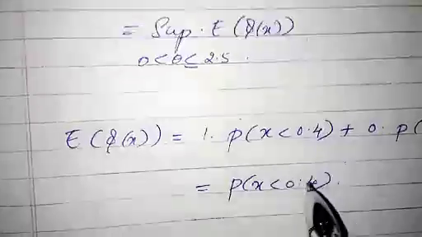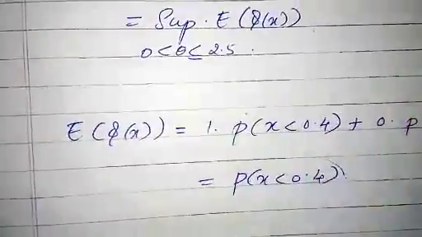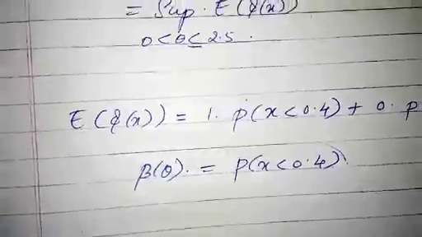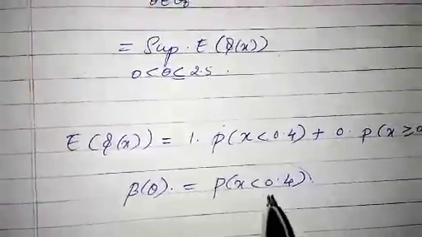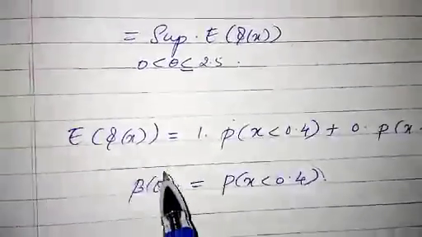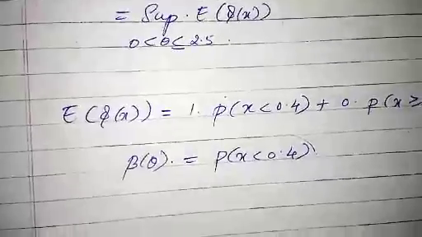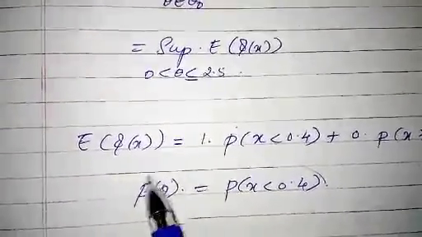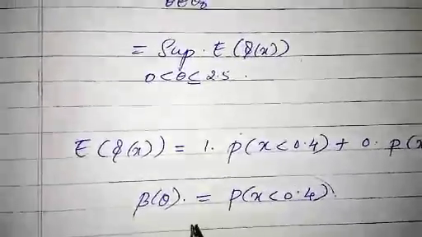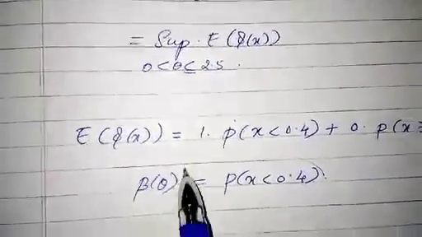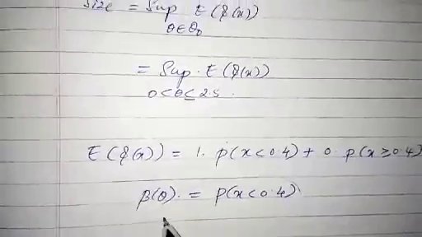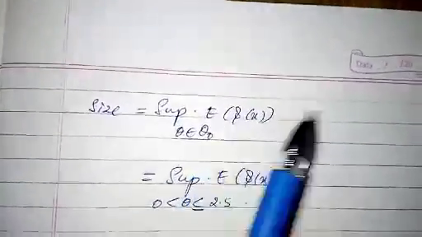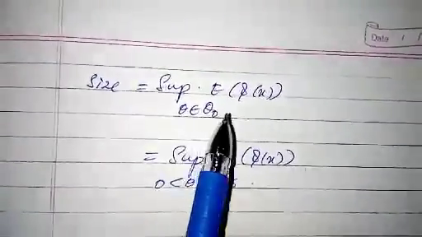We will give a name to this term: beta of theta. So we want to find a value of theta which maximizes this, the value at which beta of theta attains its supremum. Here the size is the supremum of the expectation of phi of x over theta belonging to theta naught.